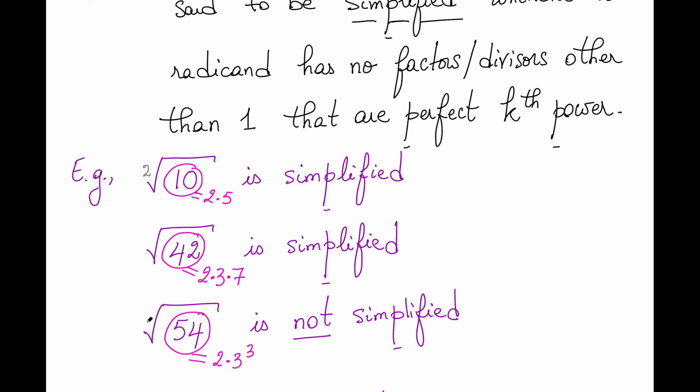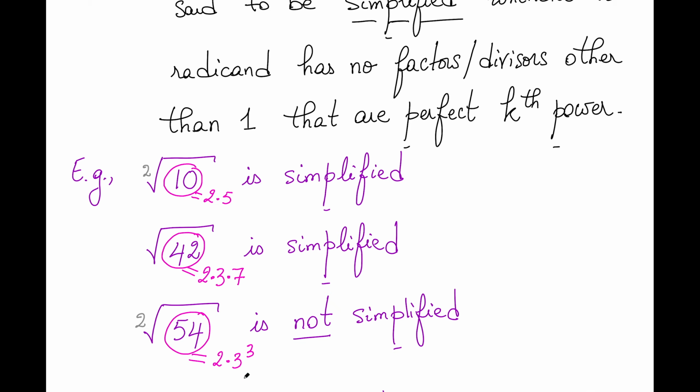We're still talking about the index being 2. So what's that factor that's a perfect second power? Well, it's the 9, right? Because remember, the divisors here are 2, 3, 6, 9, 18, and so on, right?